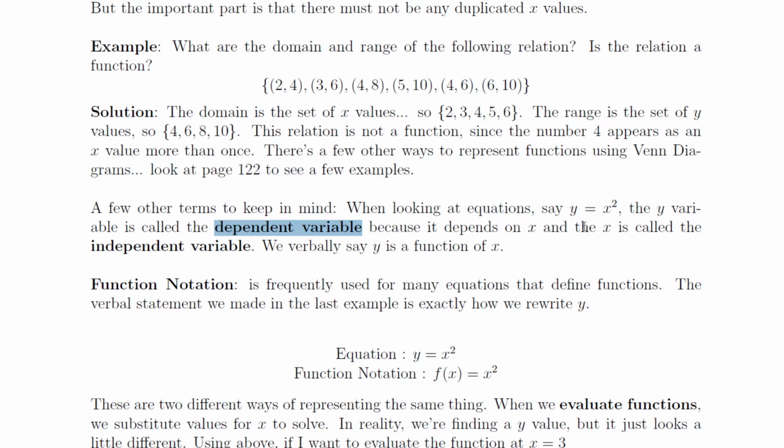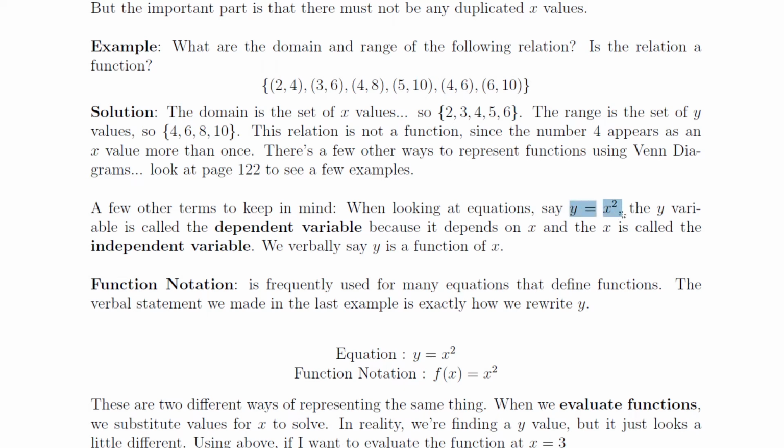I know that sounds silly because that's the definition, but the reason we say dependent is because it depends on x. The x variable is called the independent variable. It can change, it can move, it can be whatever it wants, but in this case, y depends on whatever x is going to be. So the way that we say it is, y is a function of x.